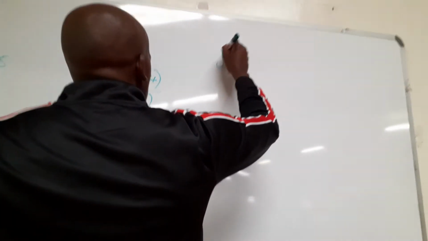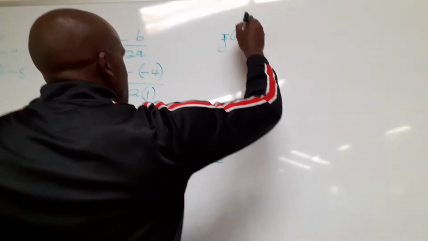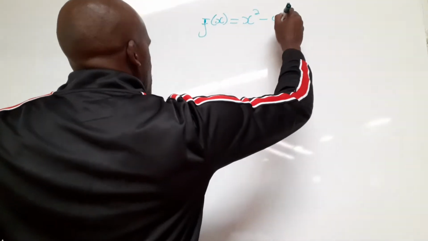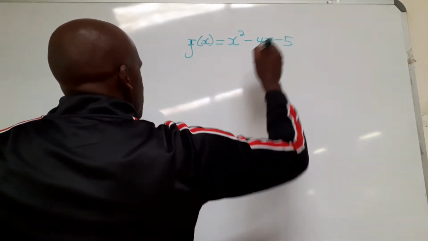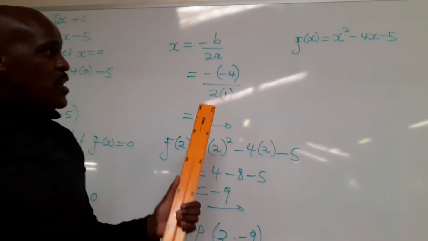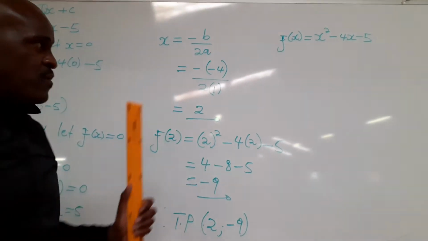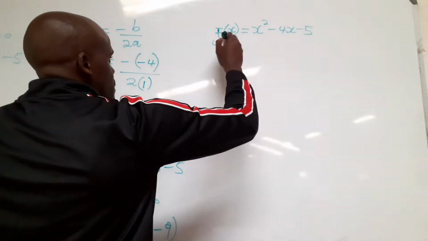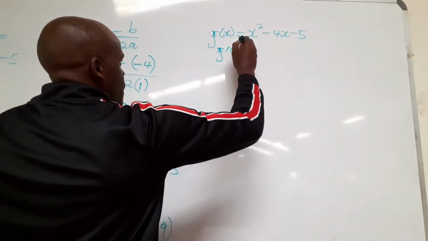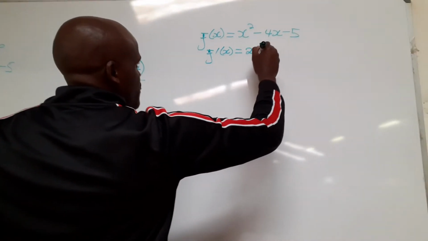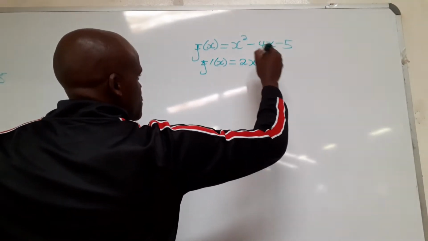We are being given this equation. It's f of x equals x squared minus 4x minus 5. So, in order to find the x value at the turning point, we derive. If you derive, it's 2 times 1 there, that will be 2x, minus 1 times negative 4.